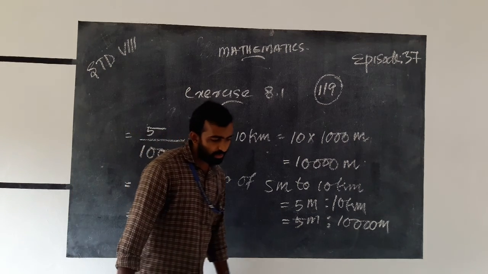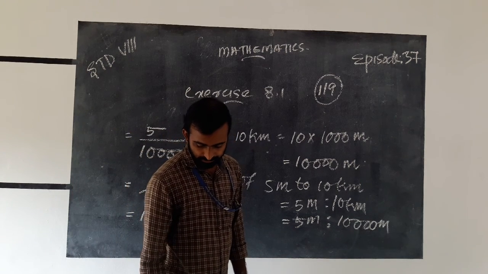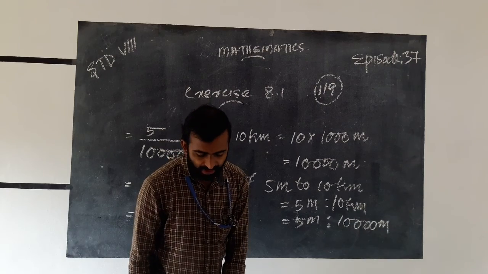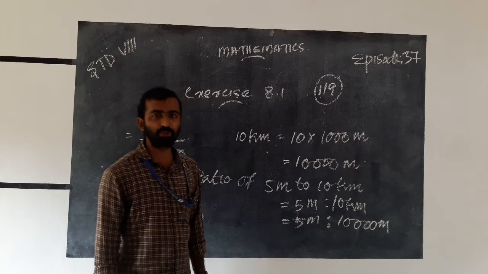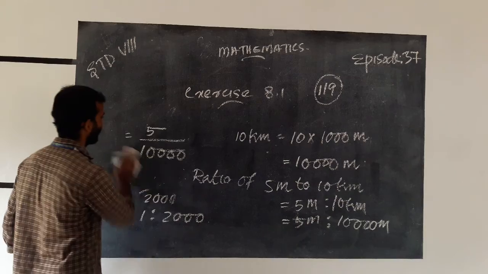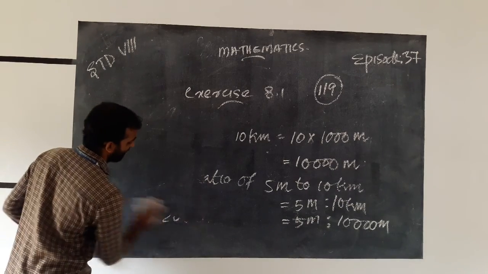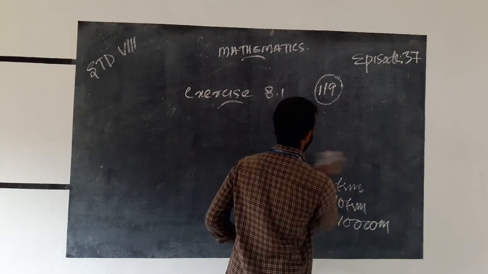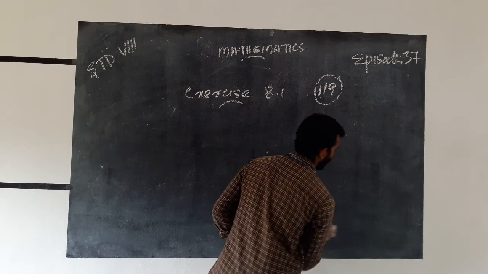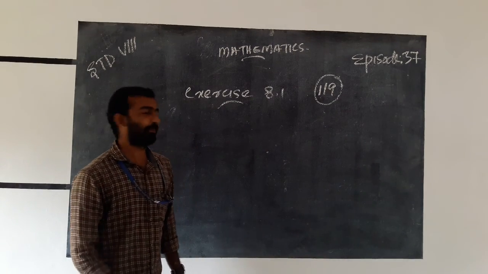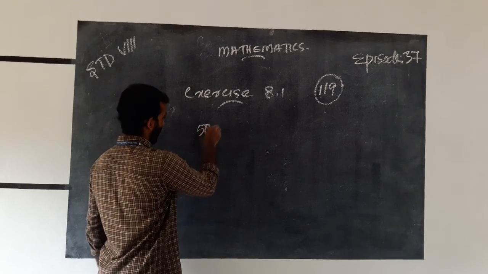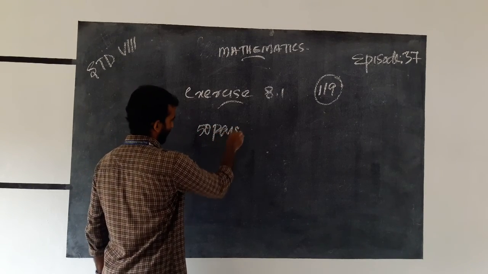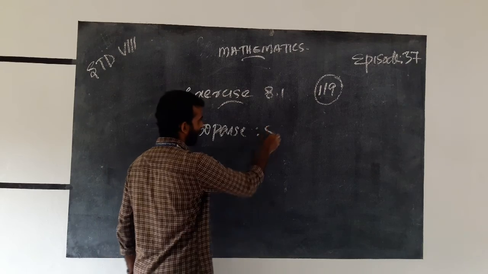And the third one, 50 paise to 5 rupee. 50 paisa is to 5 rupee.